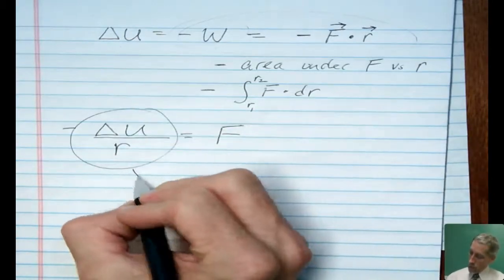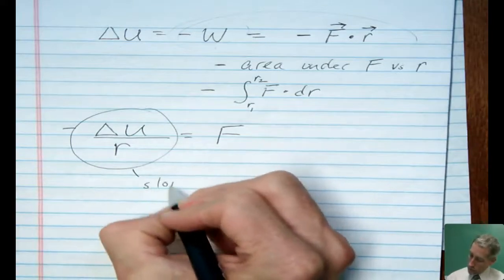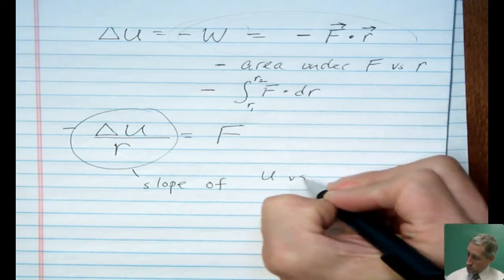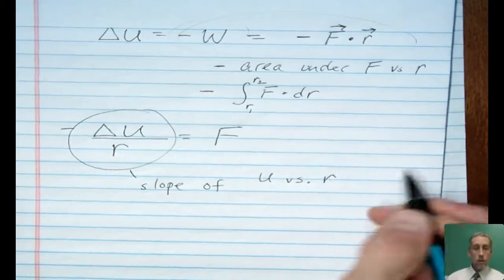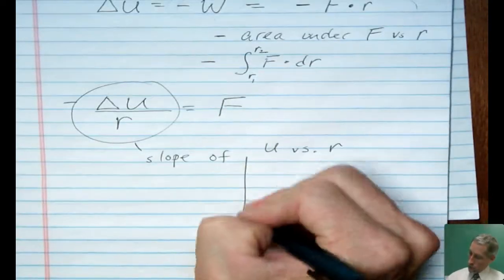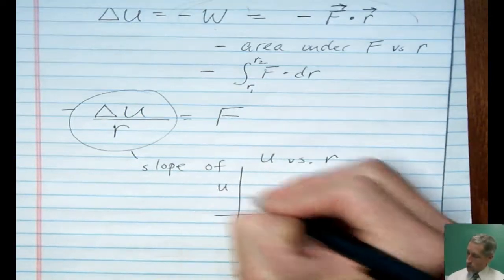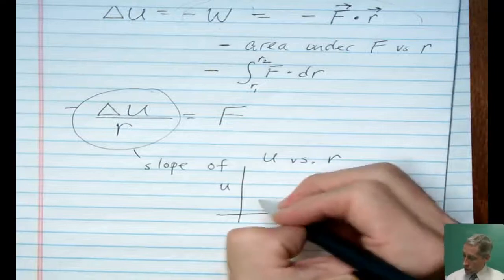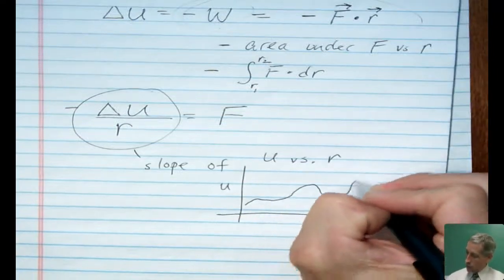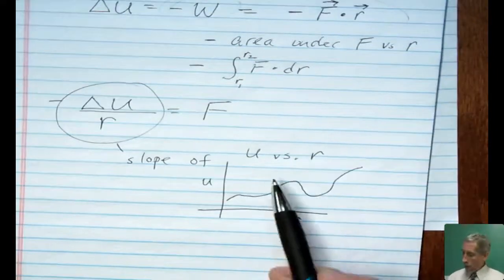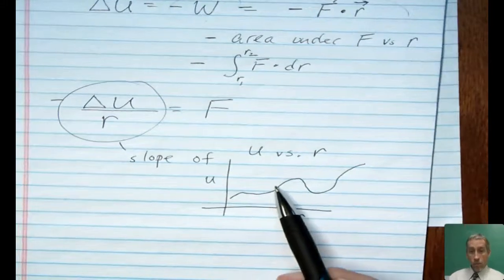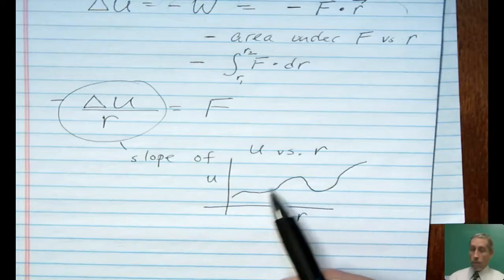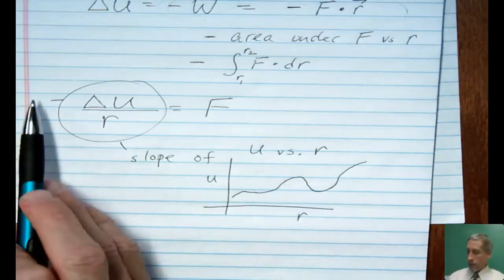Well, this might be the slope of a potential energy versus distance graph. So something like this, potential energy versus, again, X or Y, I'll just put R here. We could have some sort of oddball curve like that. At any point, if we calculate the slope, that might be a derivative in some cases too, that gives us a measure of the force. That's if we take the negative of it.